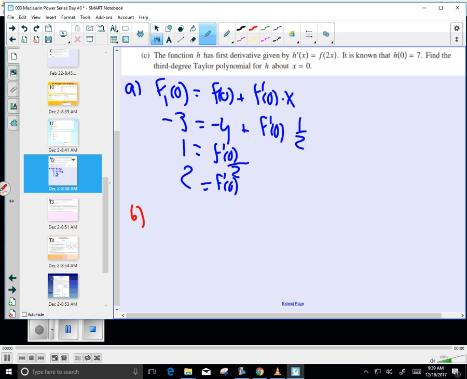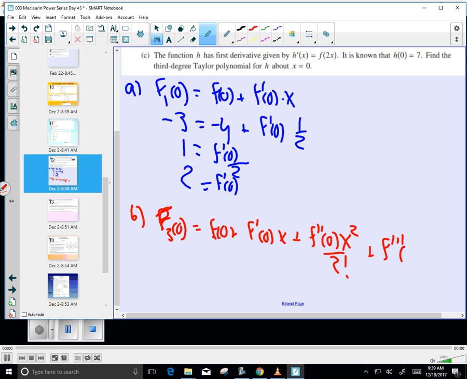So for part B, P of 3 of 0 is going to be, I like just f instead of P. F of 0 plus f prime of 0 x, f double prime of 0 x squared over 2 factorial, f triple prime of 0 x cubed over 3 factorial.